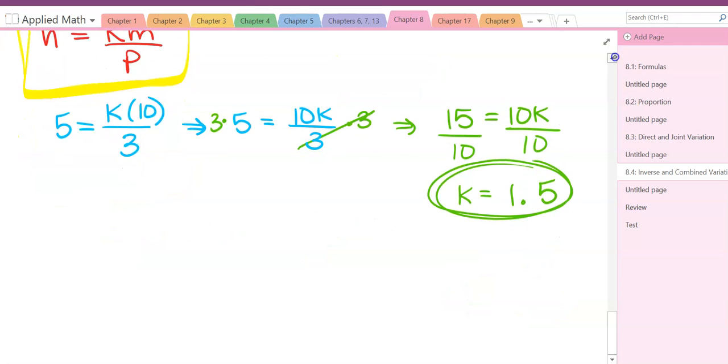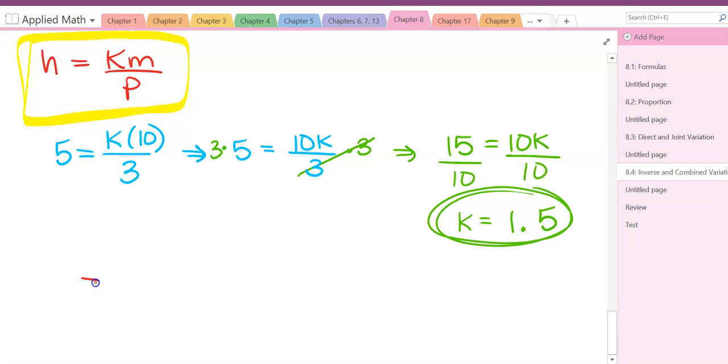Good, M. What goes in for K? 1.5. That's why you did all that work. Okay, then it also said 8 hours. So 8 goes in for H.